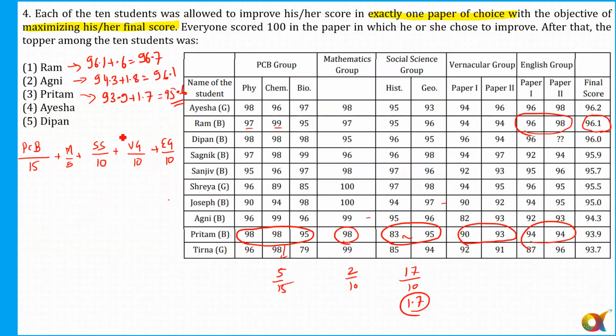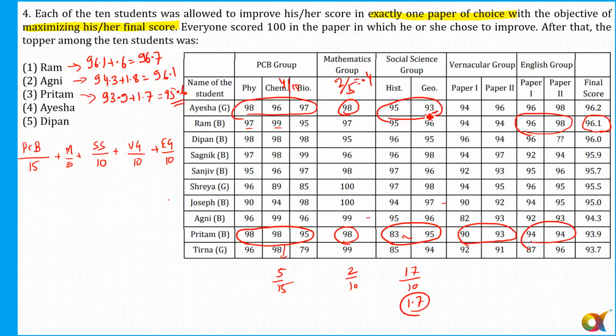All right. Similarly, let's calculate for ISA and Deepan also. For ISA, here it is 96, 97. So in the PCB group for ISA, it is going to be 4 by 15. In the mathematics group, if it moves from 98 to 100, there will be a 2 by 5, that is equal to 0.4. In the social science group, it is 7 by 10.